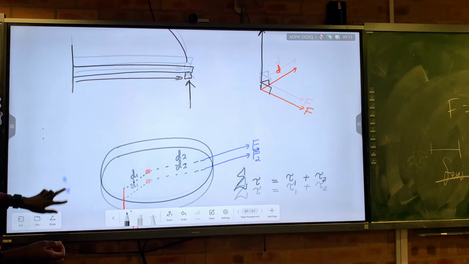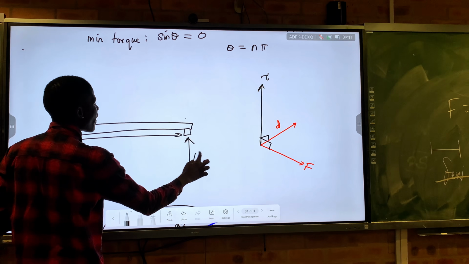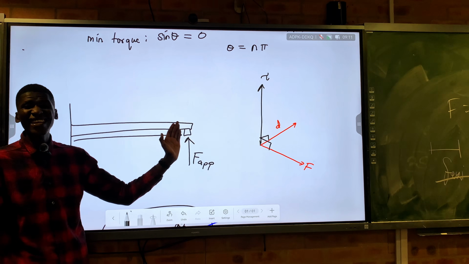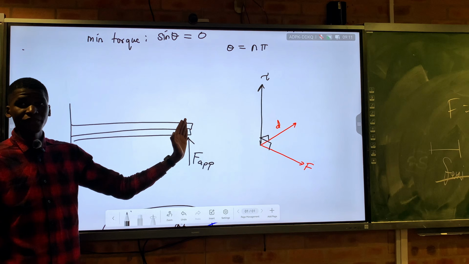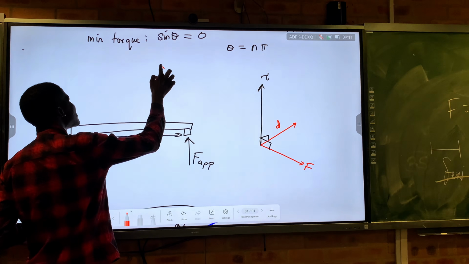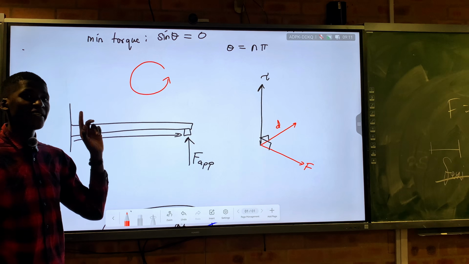For example, if I come to this door and apply a force like this, this door will rotate in what? Anti-clockwise, because we can already see the rotational motion is going to be something like this. So this is an anti-clockwise motion.